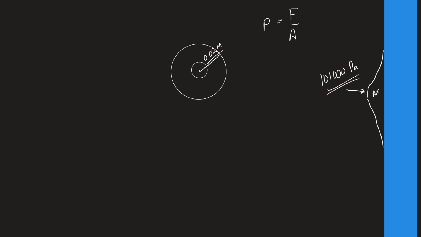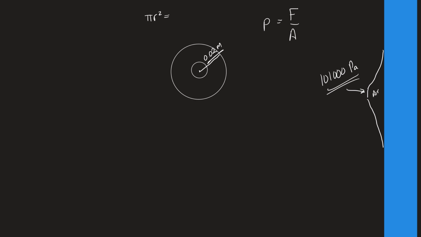0.02 meters. We got to find the area of that. And you guys know area, pi r squared. So what is the area of that, right? If our radius is 0.02 meters. Yes, I know the whole thing with the calculator and the pi and all that stuff.